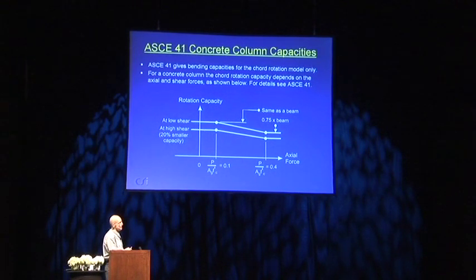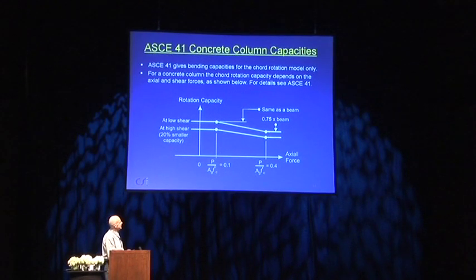These are the values you would have for a beam. Those values apply out to P over A_g f'_c of 0.1. Then they start to decline, and for larger axial forces, you have rotation capacities about 75% of the beam values. And for details, take a look at ASCE 41.